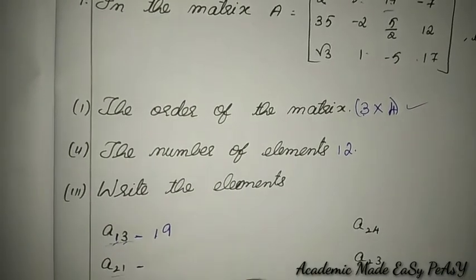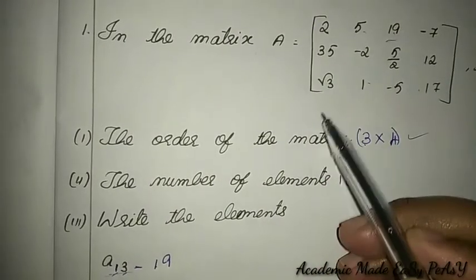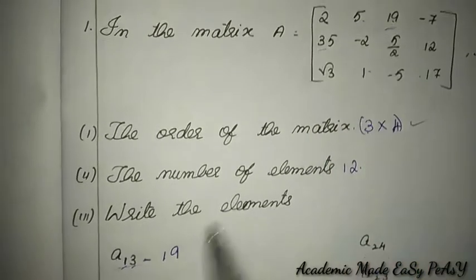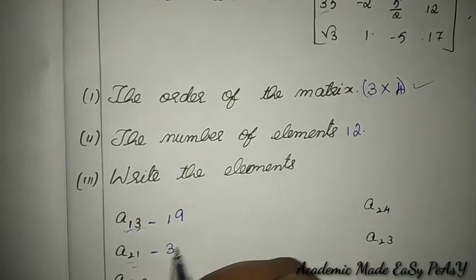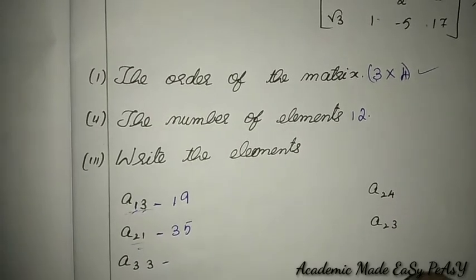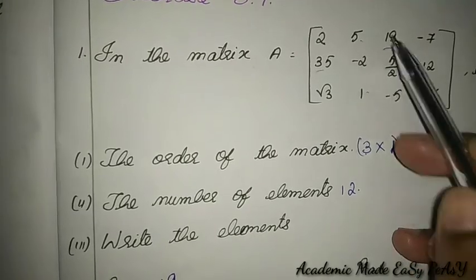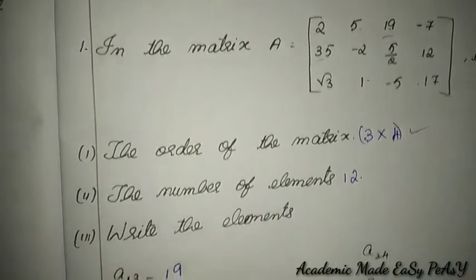Next it is A21. It means second row, first column. So it is 35. Third one, A33. Third row, third column. So third row, third column, it is minus 5.